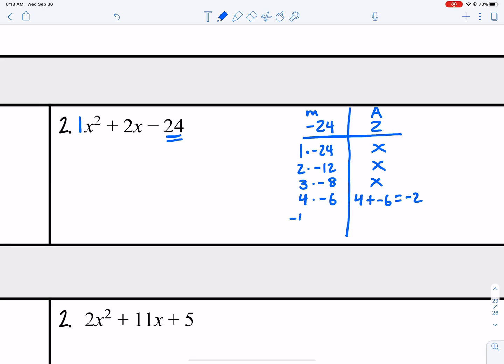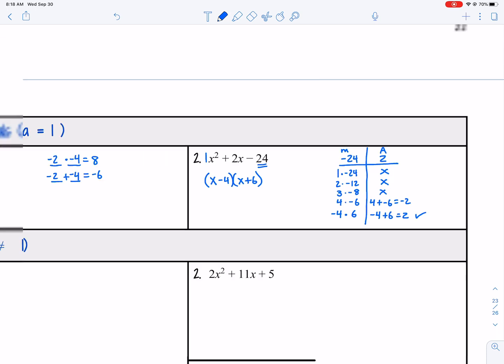We just need to change the sign so it's -4 times +6, because -4 plus +6 gives us 2. So we figure out the right factors, and then you can just write them out. So x minus 4, x plus 6 was the right combination.